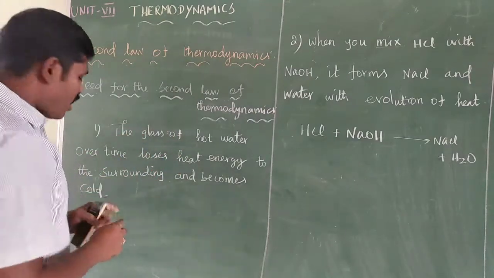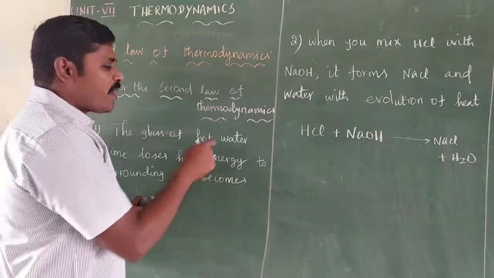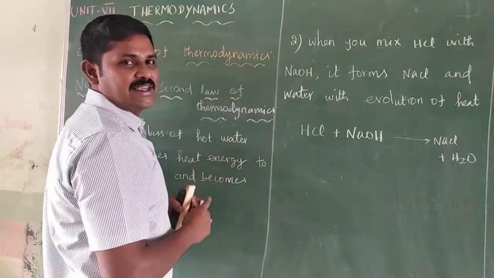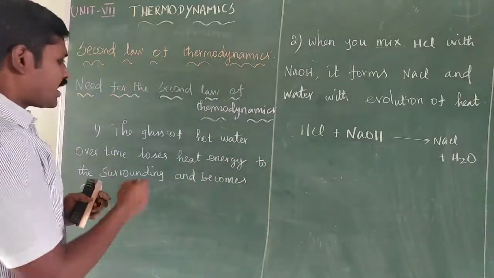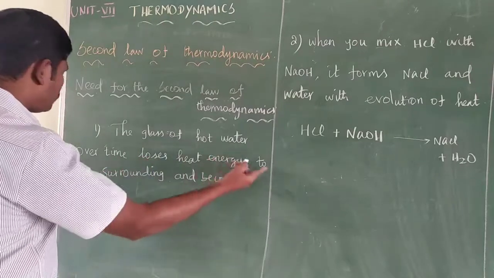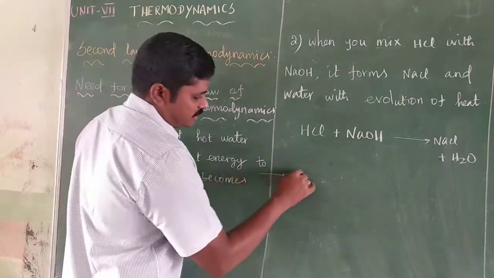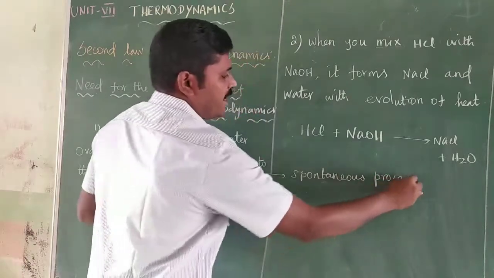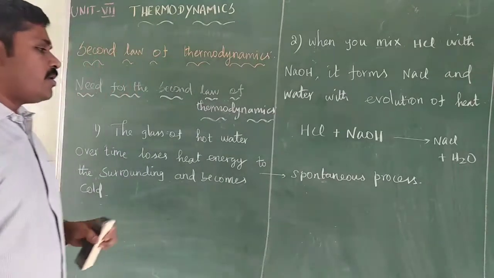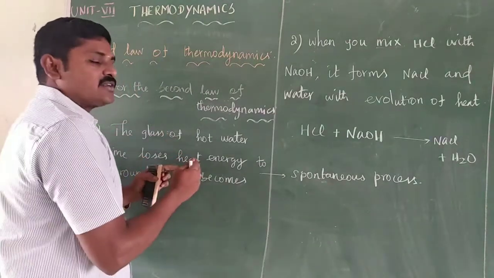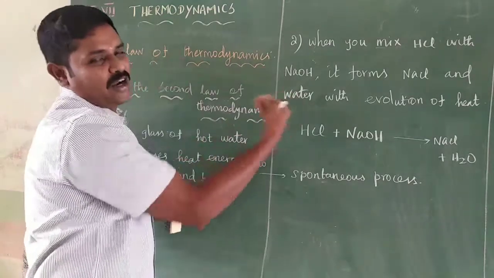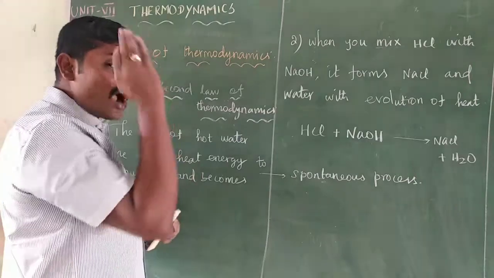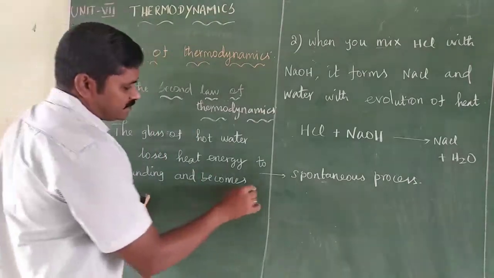In the reverse process, the cold water would become hot water by absorbing heat from the surroundings on its own. This process is not spontaneous. The glass of hot water losing heat energy to the surroundings and becoming cold is a spontaneous process, a natural process. But in the reverse process, the cold water becoming hot water by absorbing heat energy from the surroundings is a non-spontaneous process.